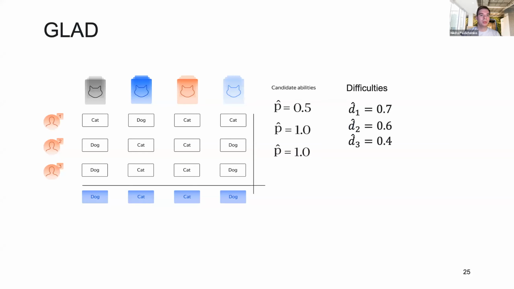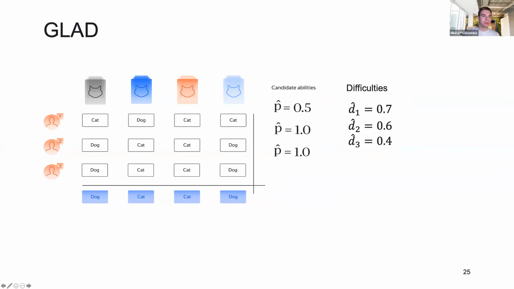The first method I want to share with you is GLAD. This method estimates the abilities of performers, and it also estimates different difficulties of the tasks. This is not some real estimate of difficulties. It's just an example.